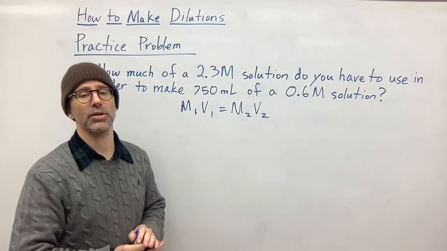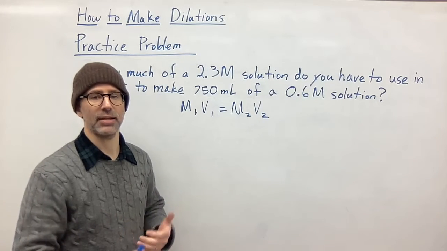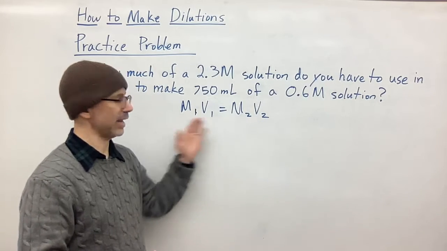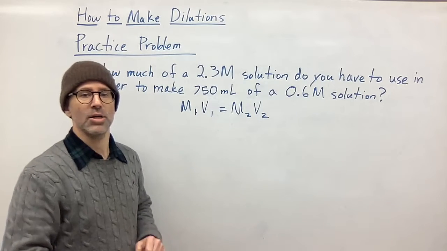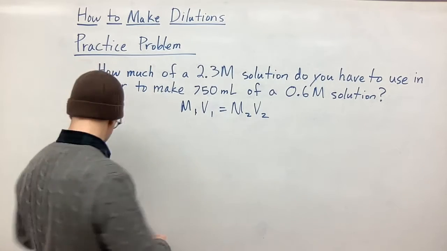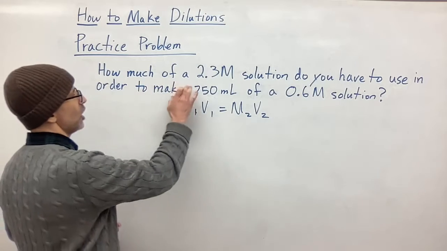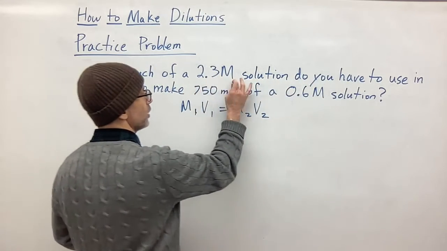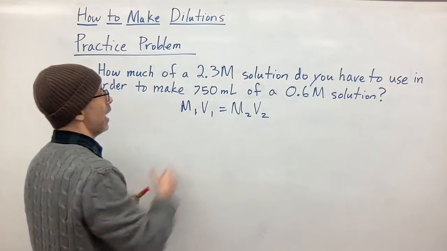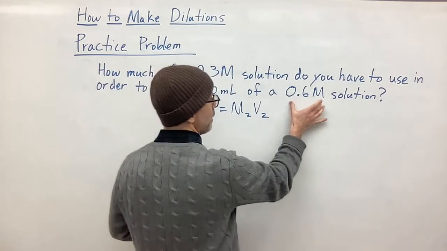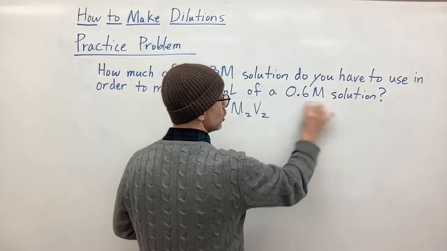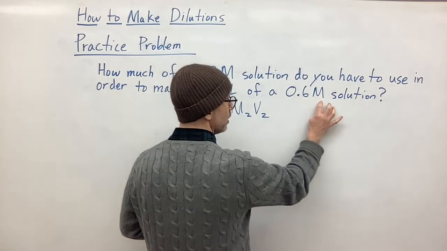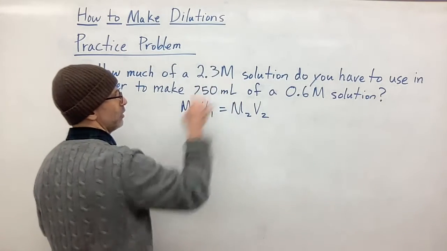The next thing we want to do is label everything that you know. So we're going to label these and find the missing part. The first thing we want to recognize is how much of a 2.3 molar solution do you want to use? This 2.3 molar solution is what we're going to start with. We want to make a dilution. We want this lower molarity, but we have to start with a higher molarity.